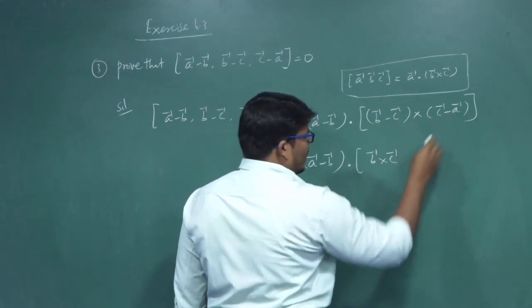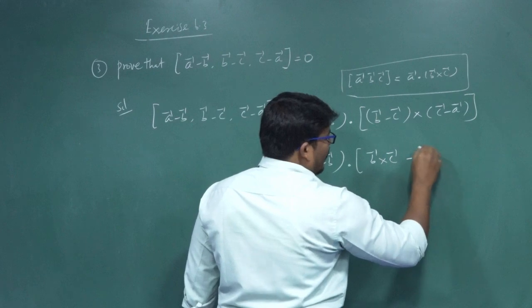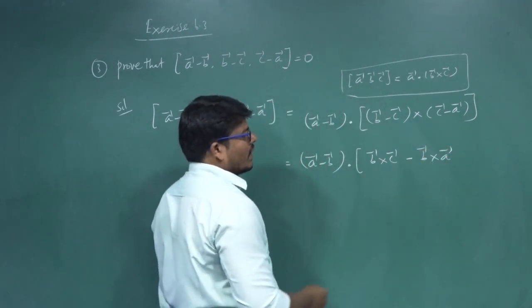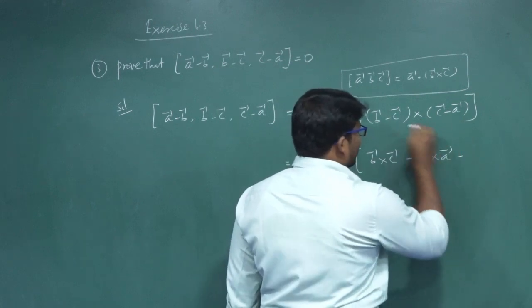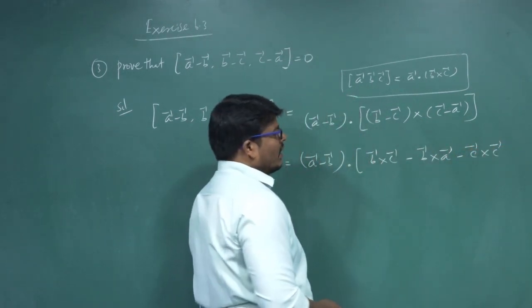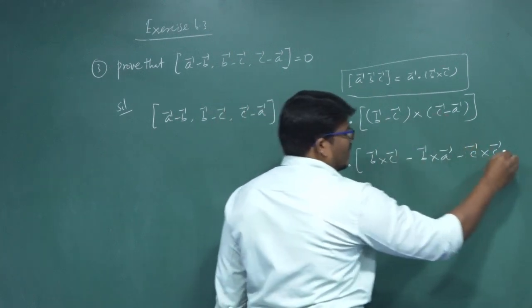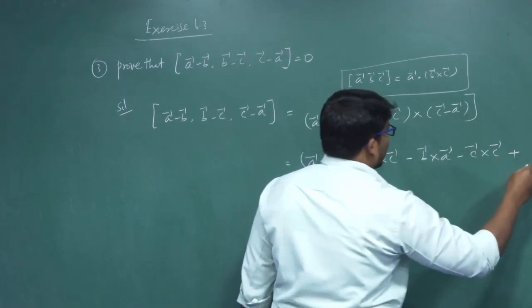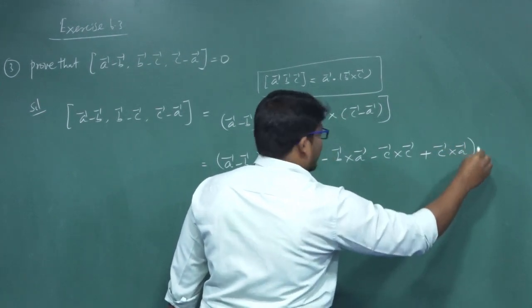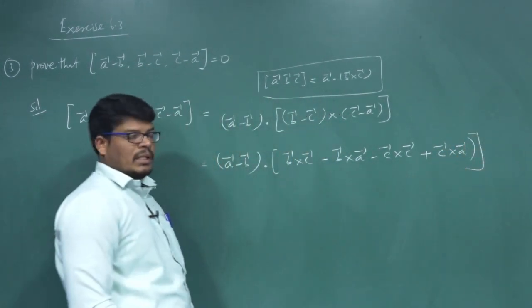Next one, minus minus B vector cross A vector. The next one, minus C vector cross C vector. Next one, minus in the minus, plus C vector cross A vector. That is it.